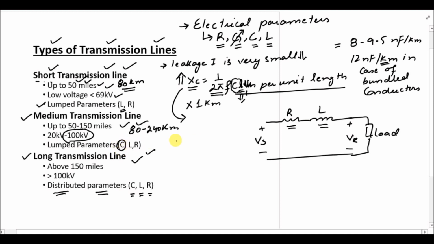There are three models that we usually use in the medium transmission line. The first one is the end condenser model, the second one is the pi model, and the third one is the T model.